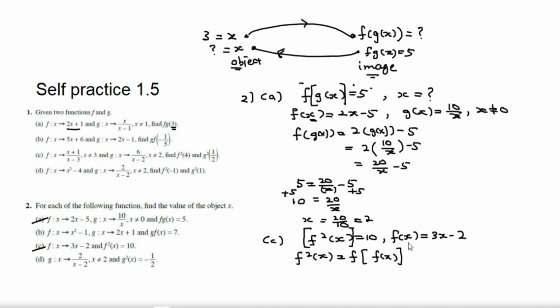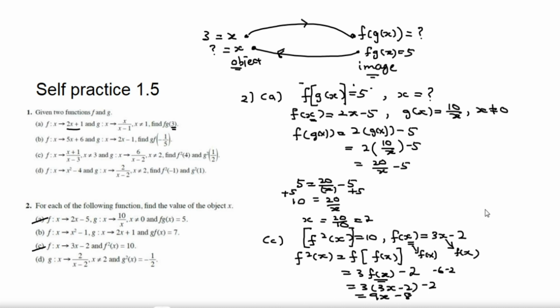Now we replace this x with f(x). Do the same thing for the right hand side: it is equal to 3 f(x) minus 2. Then what is f(x)? f(x) itself is 3x minus 2, and then minus 2. So 3 times 3x is 9x, 3 times negative 2 is negative 6, and negative 6 minus 2 is negative 8. This is the composite function f squared of x.